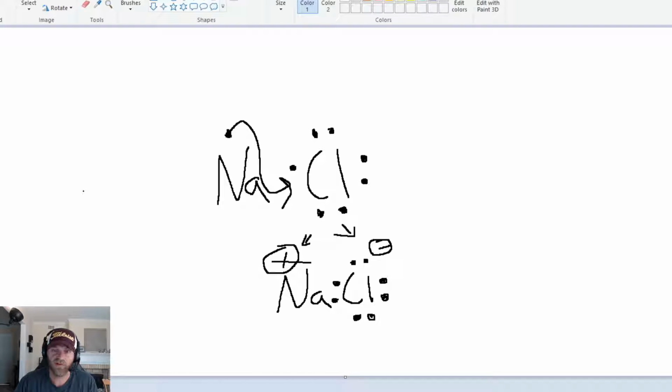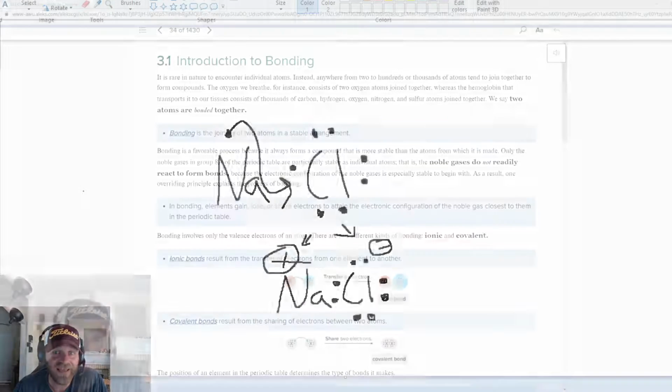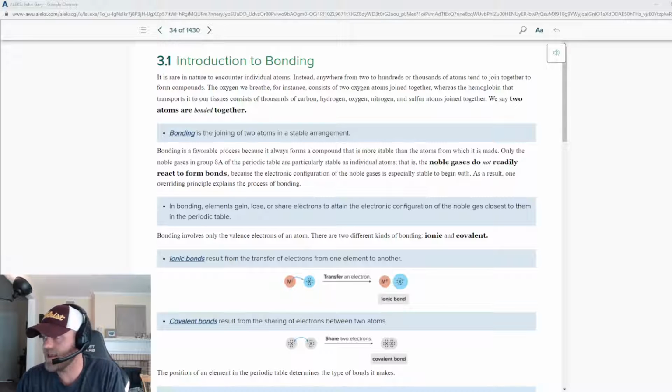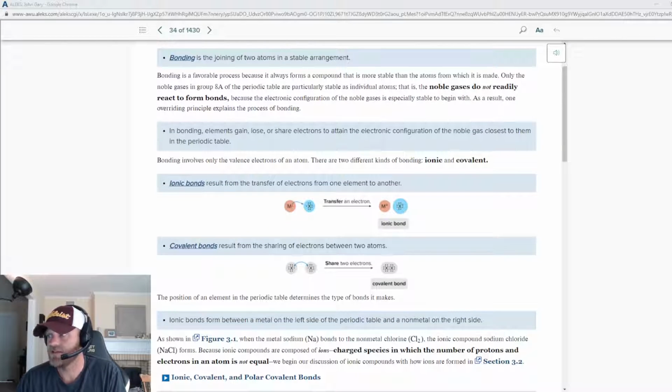So the sodium and the chloride pull in very tightly together, and thus we have a bond, but the electrons are not shared. They're given away to the other one. Okay? So those are ionic and covalent bonds, and just a brief explanation of what's going on here when it talks about the transfer of an electron versus the sharing of an electron.